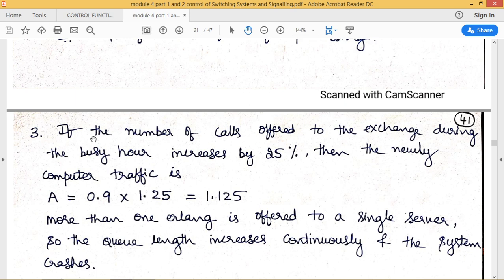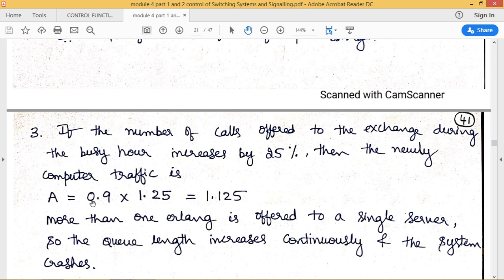So let us consider the next case in which we are increasing the offered traffic for the particular exchange. That is, about a 25% increase and only one processor is working. In such a case we can directly calculate the offered load for a particular processor to be 0.9 into 1.25.